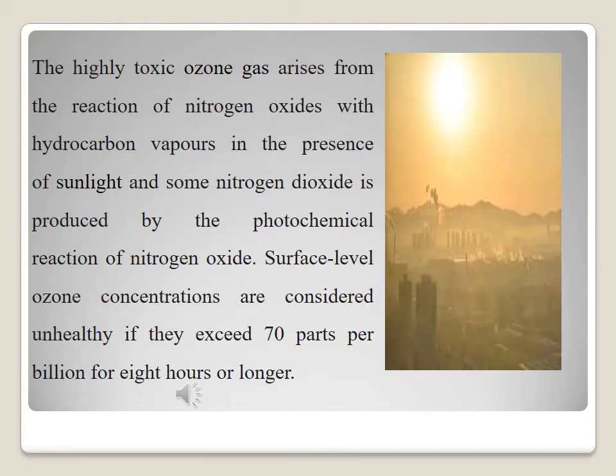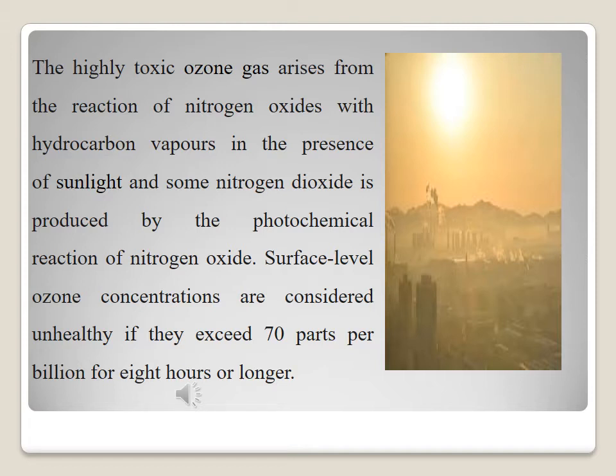The highly toxic ozone gas arises from the reaction of nitrogen oxide with hydrocarbon vapors in the presence of sunlight. And some of the nitrogen dioxide is produced by the photochemical reaction of nitrogen oxide.